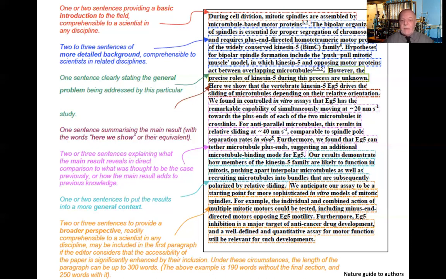Then one or two sentences to put the results in more general context. So this new power system will allow robots to work on Mars for an extra 2 days. So putting it in general context. And then two or three sentences with a broader perspective on where the work might go. So what might happen in the future.